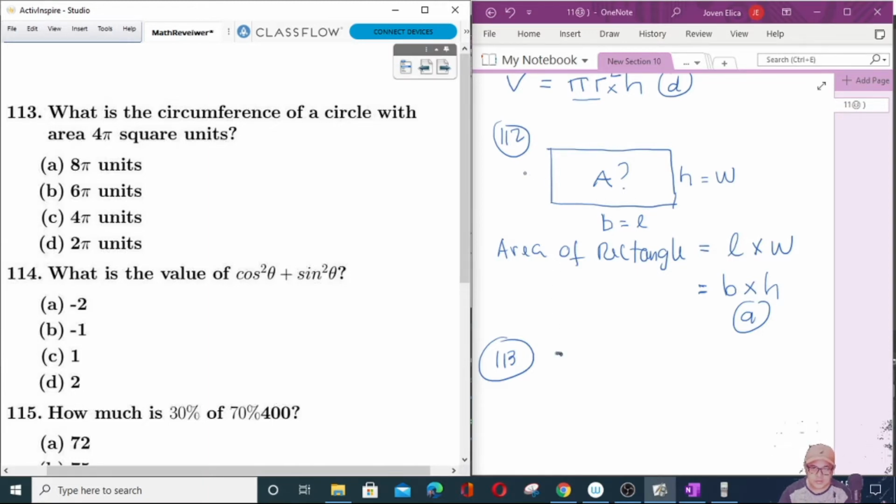We all know that the circumference of a circle is equal to 2 pi multiplied by the radius r. Since the given area of a circle is 4 pi square units.